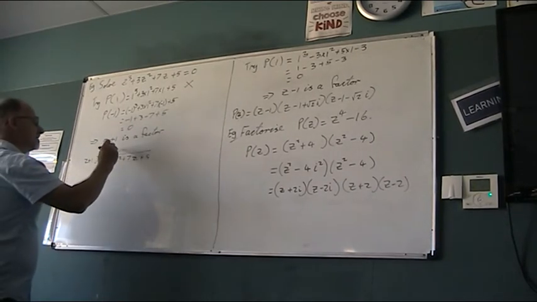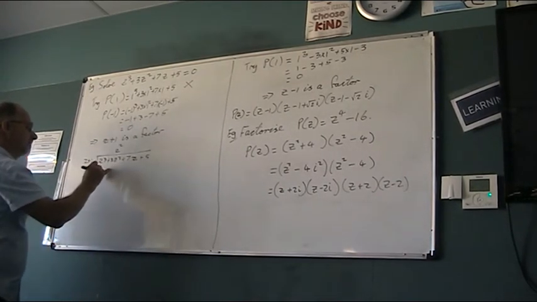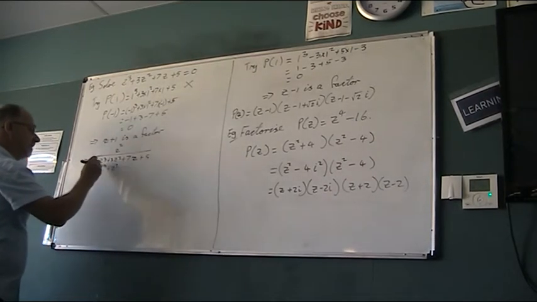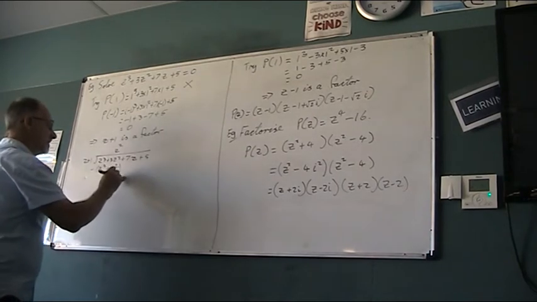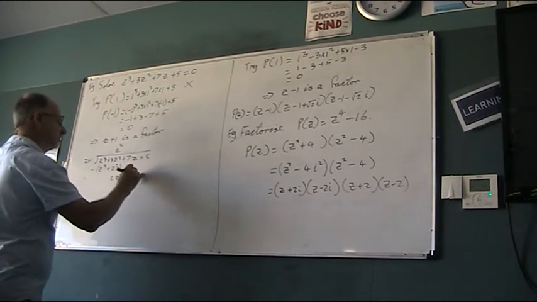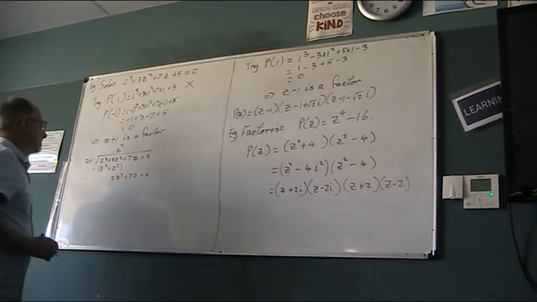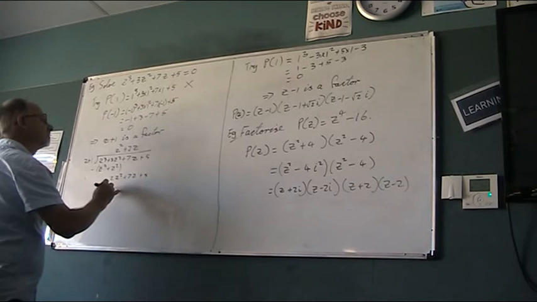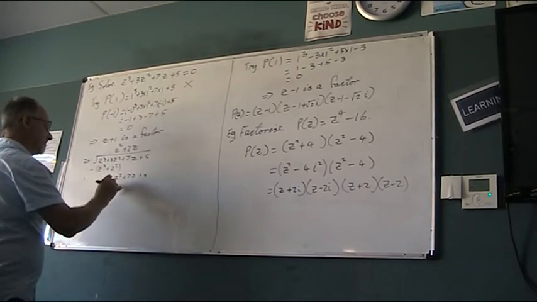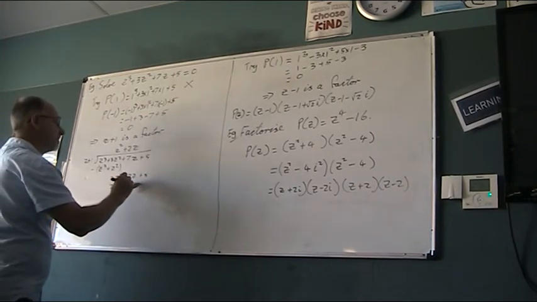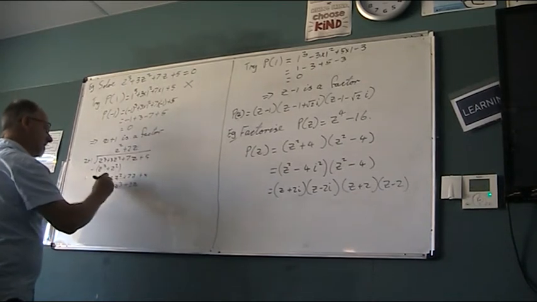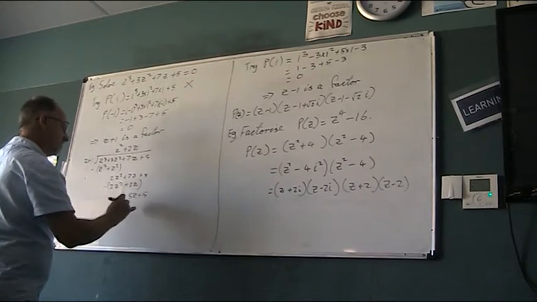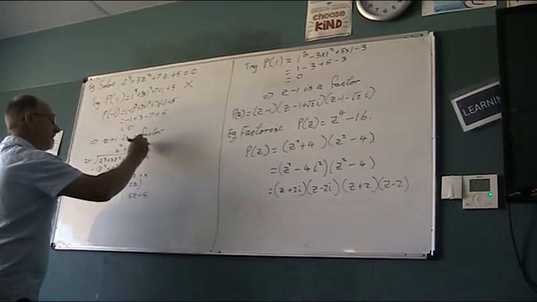So I need z squared, 2z squared. So I'm going to need 2z. So I've got 2z squared plus 2z. I'm going to take that away. So I've got 5z plus 5. And so then it's plus 5 on the end, isn't it?